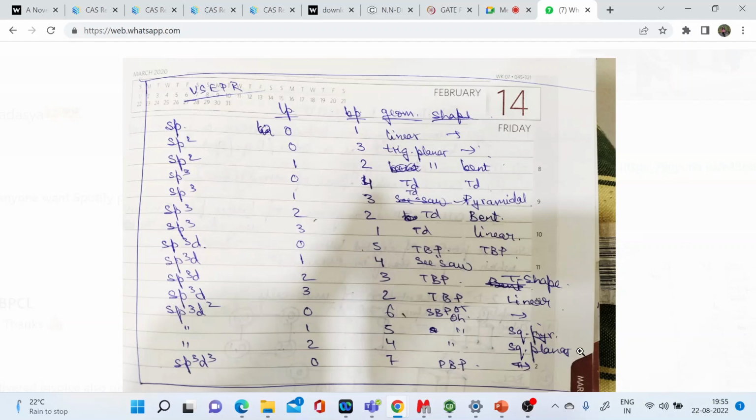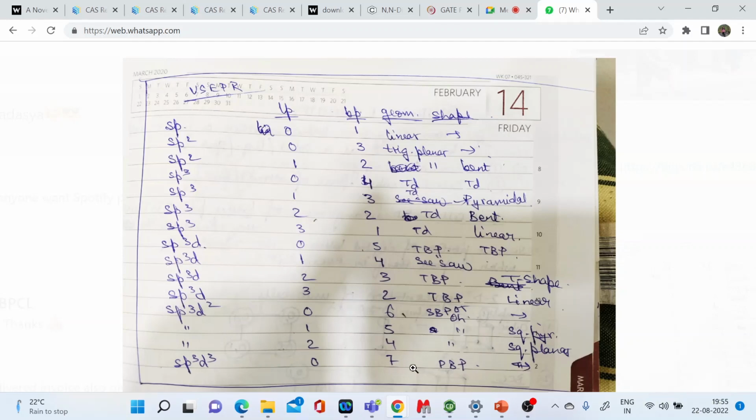Ma'am, I'm asking for option number D, where the shape is given pentagonal. Okay. Suppose in this case, this means pentagonal bipyramidal.